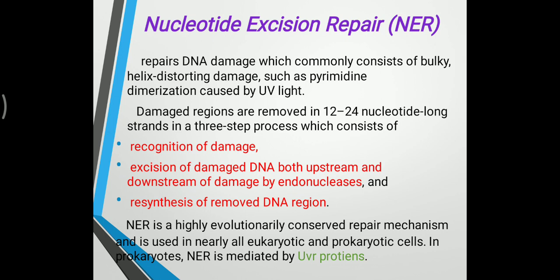Nucleotide excision repair. In this method, the damage is caused by UV light, that is, the formation of pyrimidine dimers. The nucleotide excision repair mechanism is mediated by UVR proteins, which are most important for the repair.